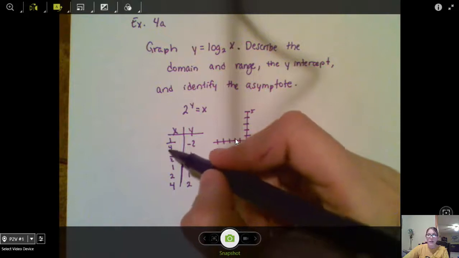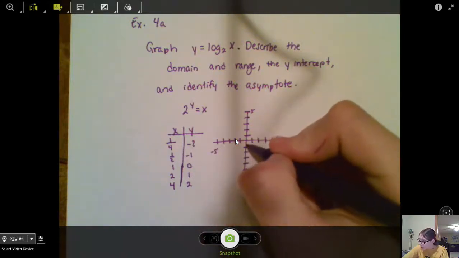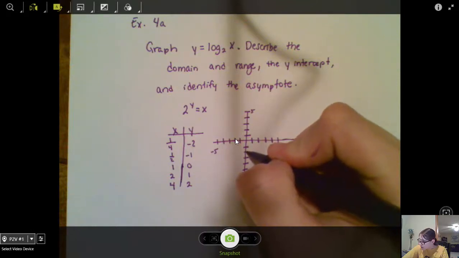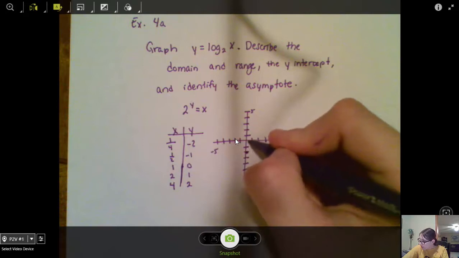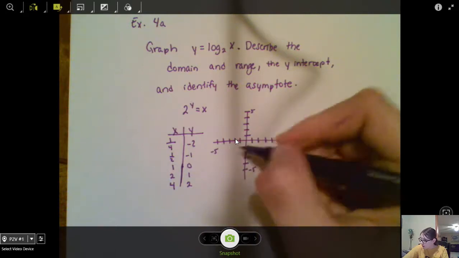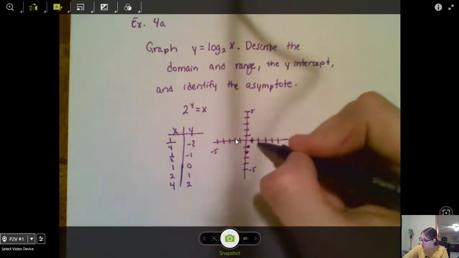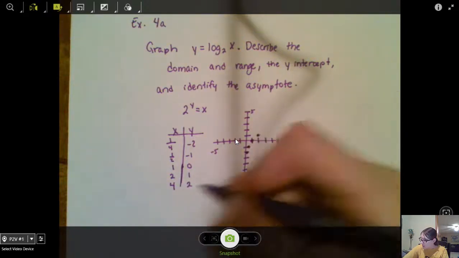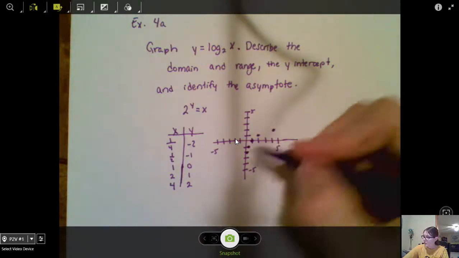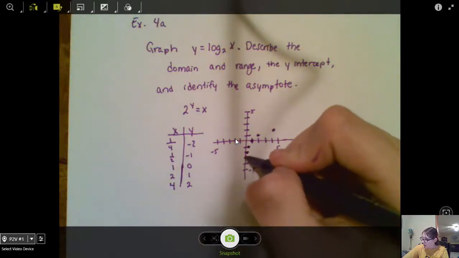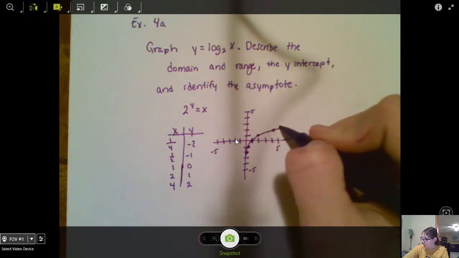But now I can plot these points like normal x and y. 1/4, -2; 1/2, -1; 1, 0; 2, 1; 4, 2. Connect my dots and remember too that your graph is going to keep going both directions.